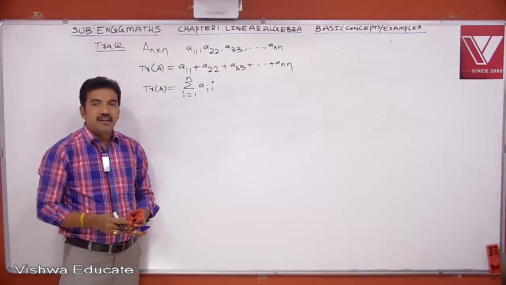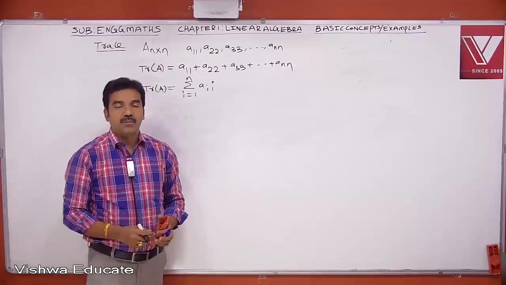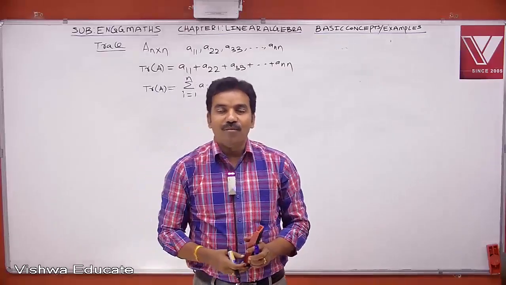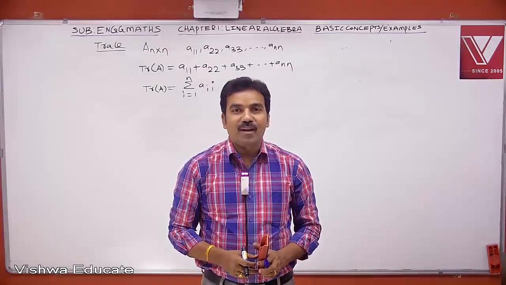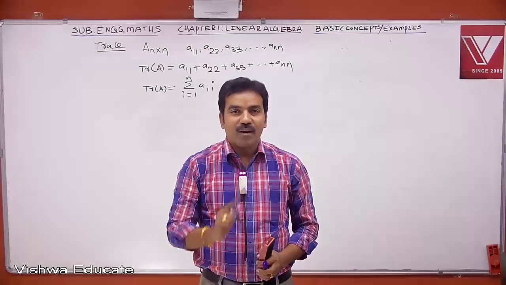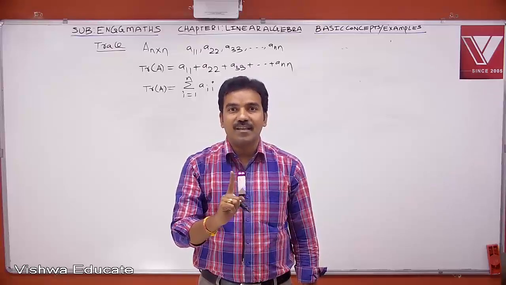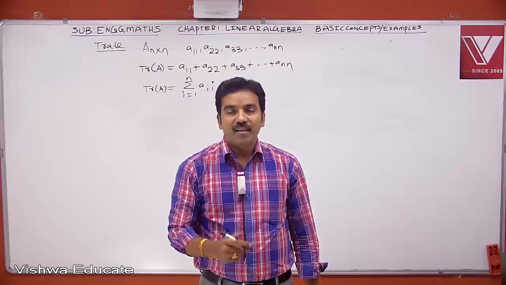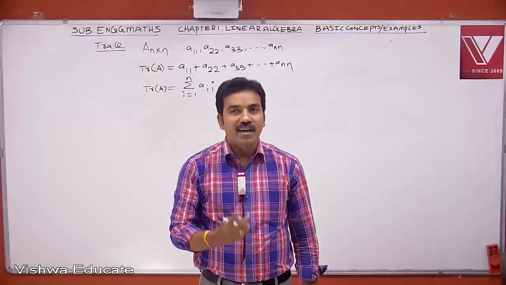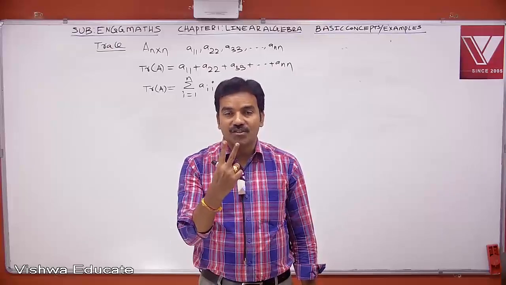Now based on this definition, let us make two important points. One is the trace of a skew symmetric matrix and another is the trace of an identity matrix. As we all know, what are the diagonal elements of a skew symmetric matrix? 0. So add all zeros, you will get 0. So one important remark from this definition is the trace of a skew symmetric matrix is 0. And second point, what is the trace of I2? It is exactly 2, because in a 2 by 2 identity matrix there will be exactly 2 ones.